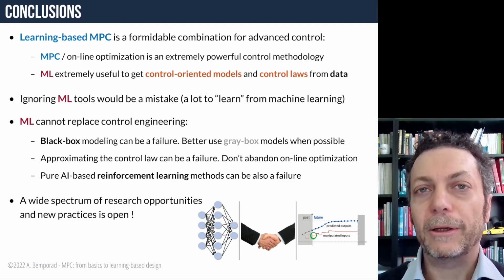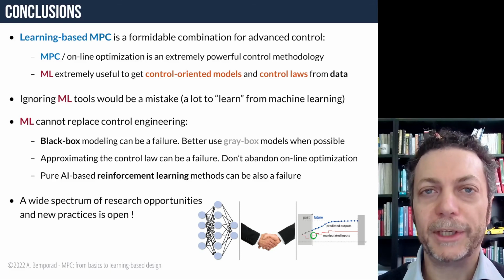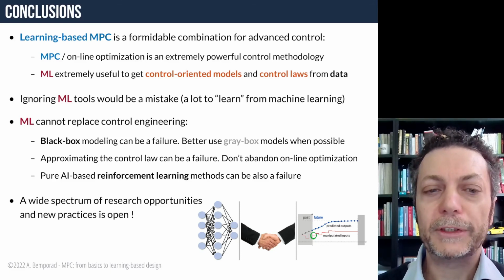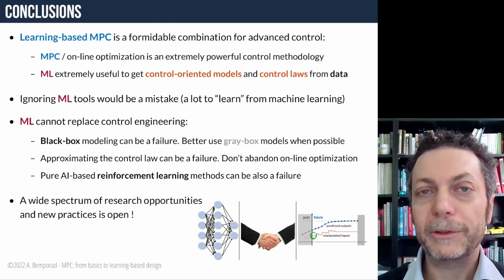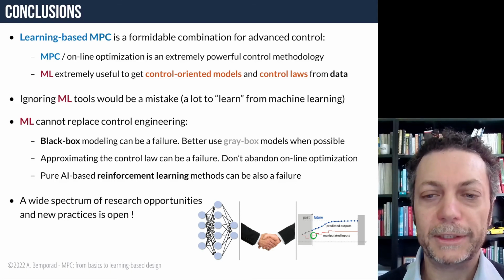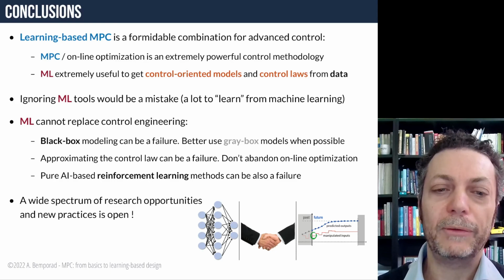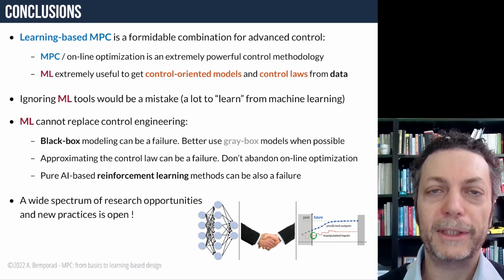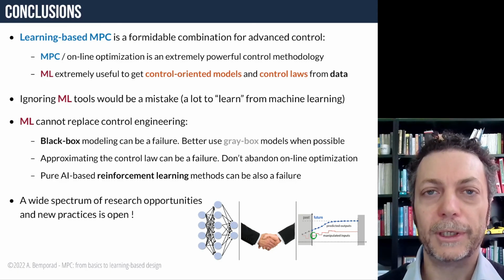On the other hand, we cannot think that machine learning can replace control engineering, for different reasons. First of all, black box modeling is appealing, but in some cases it can be a total failure, because you're not able to capture the complexity of the dynamics just going black box without any physical insights. And sometimes you have to even adapt machine learning methods or develop completely new ones so that they are good for getting prediction models for MPC.